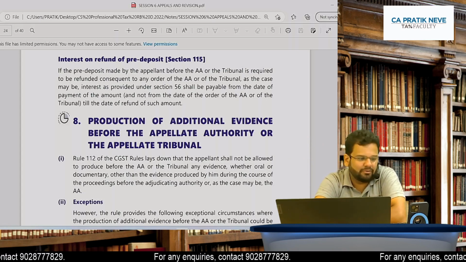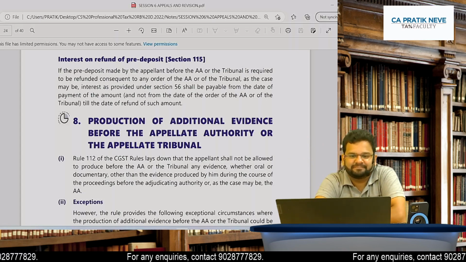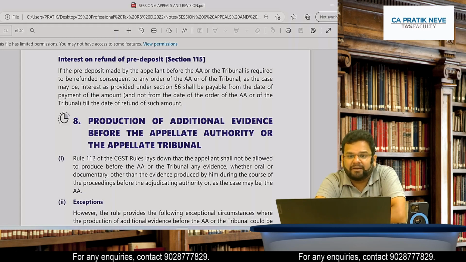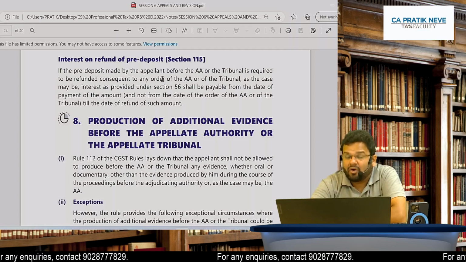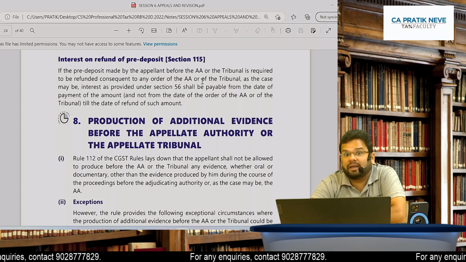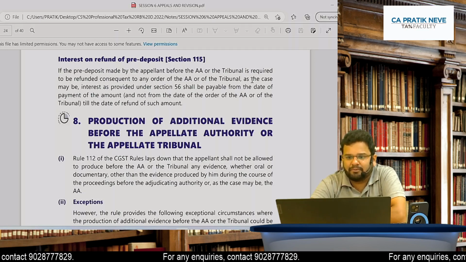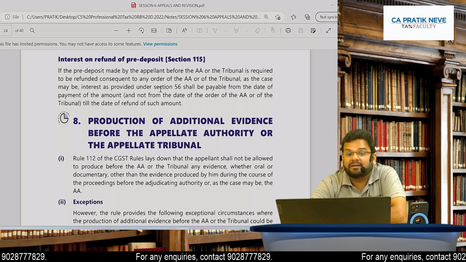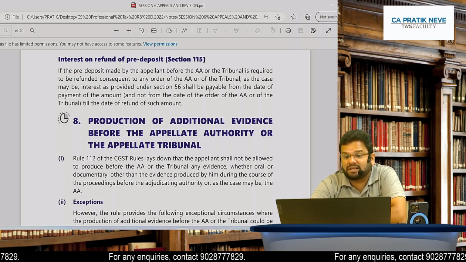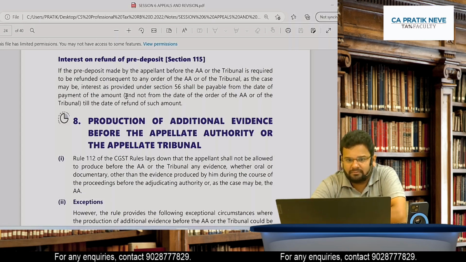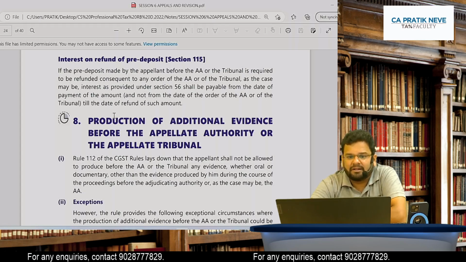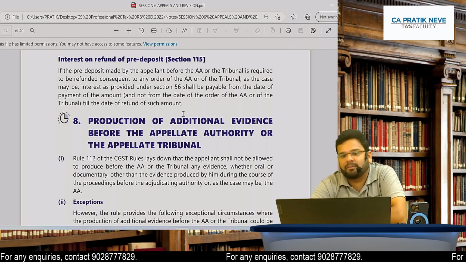Swati, have I solved your doubt? Yes. If pre-deposit made by the appellant before the AA or tribunal is required to be refunded consequent to any order of the AA or of the tribunal, as the case may be, interest as provided under section 56 shall be payable from the date of payment of the amount till the date of refund of such amount.